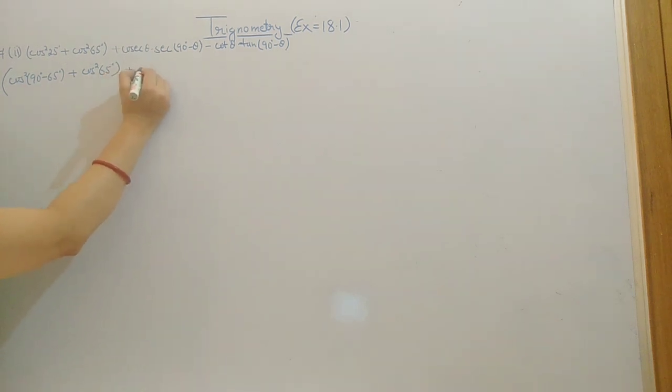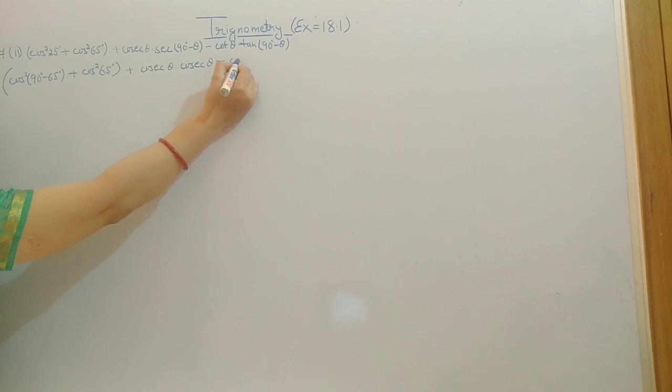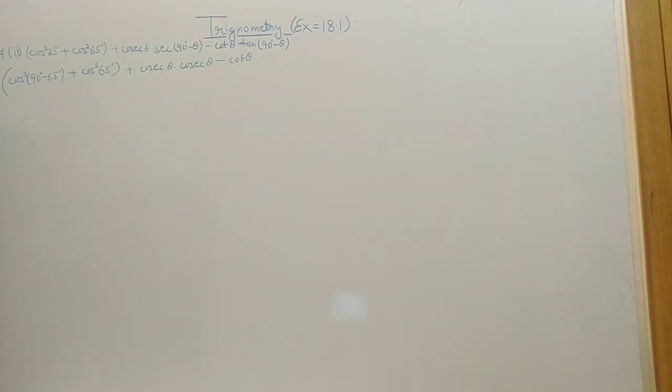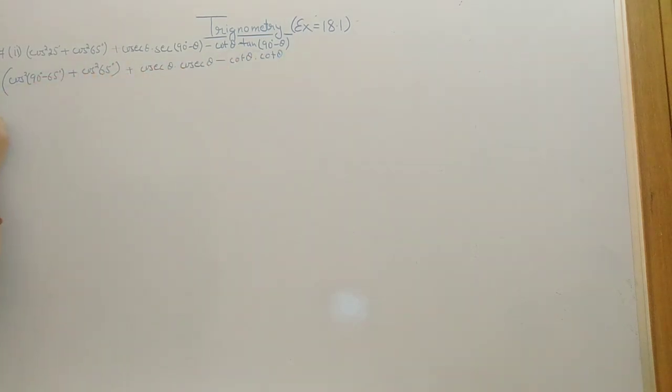From here cosec theta is as it is, and sec (90 minus theta) is equal to cosec theta. From last term cot theta is as it is, and tan (90 minus theta) will become cot theta. Now here cos (90 minus theta) is sin theta. So we will get here sin square 65 plus cos square 65. This is our first bracket.